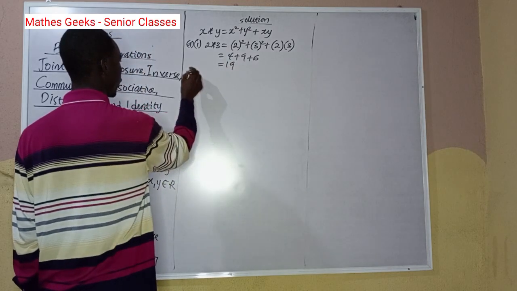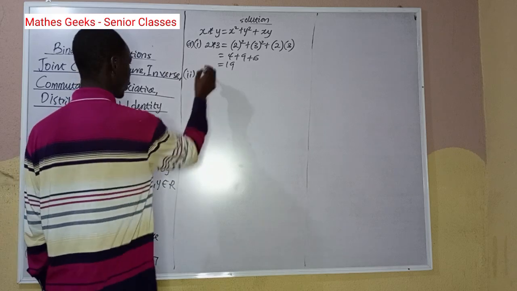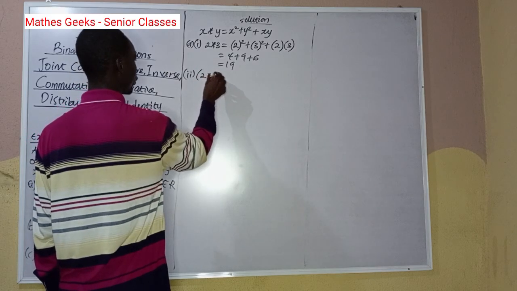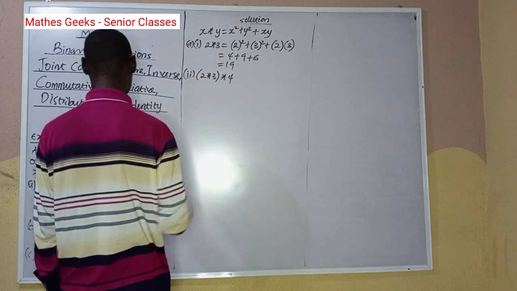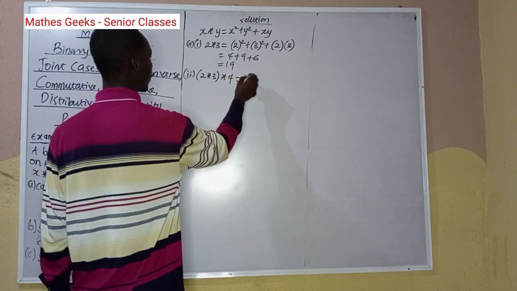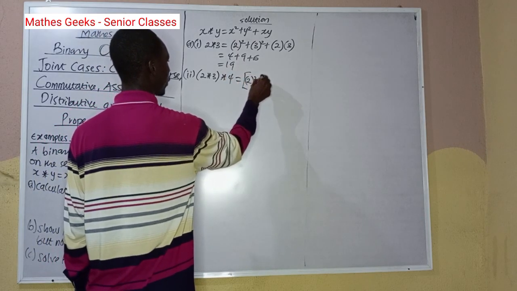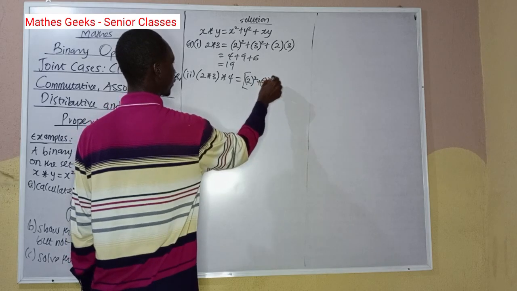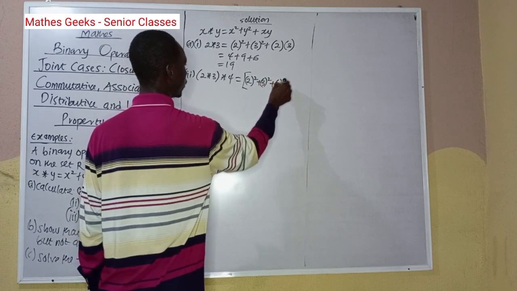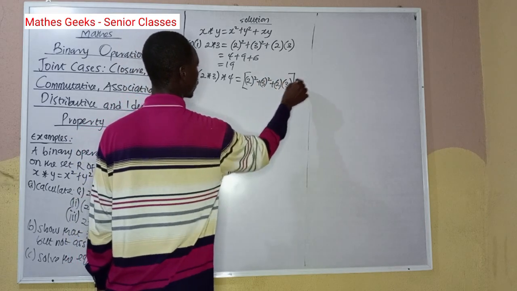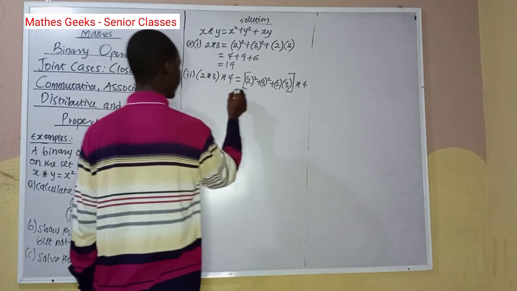And then evaluate 2 operation 3, operation 4. This will give us 2 operation 3, which is 2 squared plus 3 squared plus 2 times 3, operation 4.